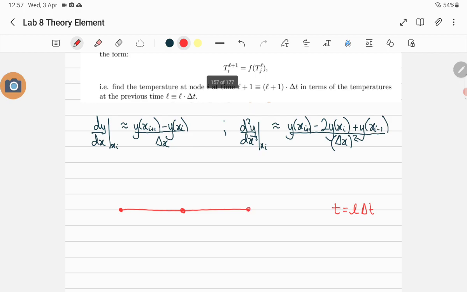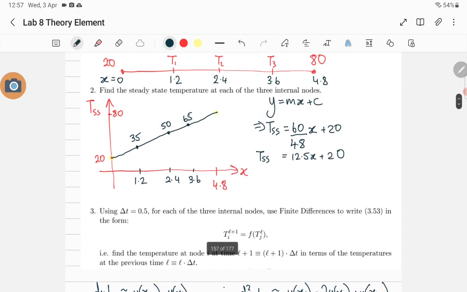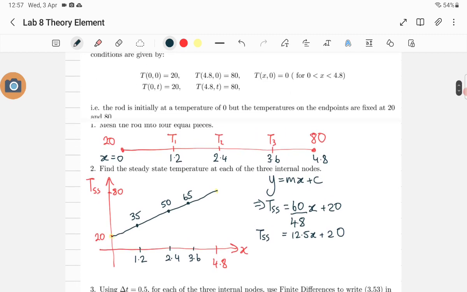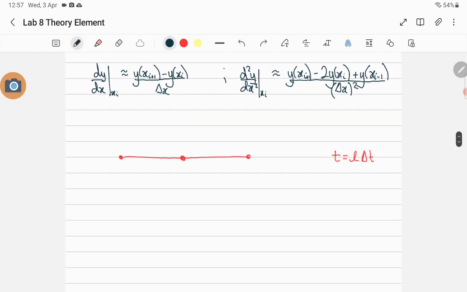If we look up at our meshing, each one of the internal temperatures has a neighbor to the left and a neighbor to the right. So this is what we're representing here. So this is Ti, any of the internals. You've got a temperature to the right and a temperature to the left. And this is the x-axis.